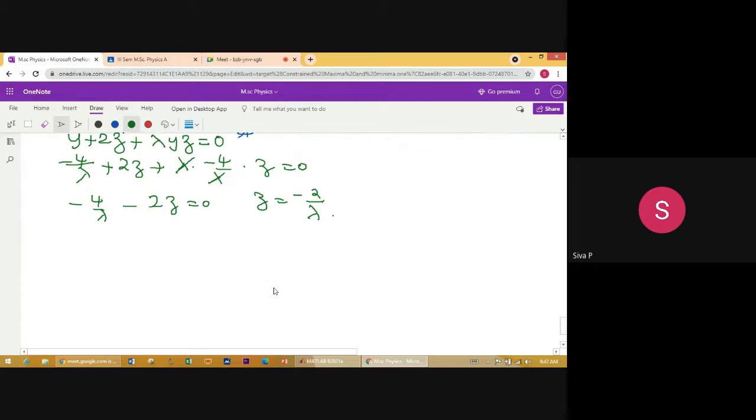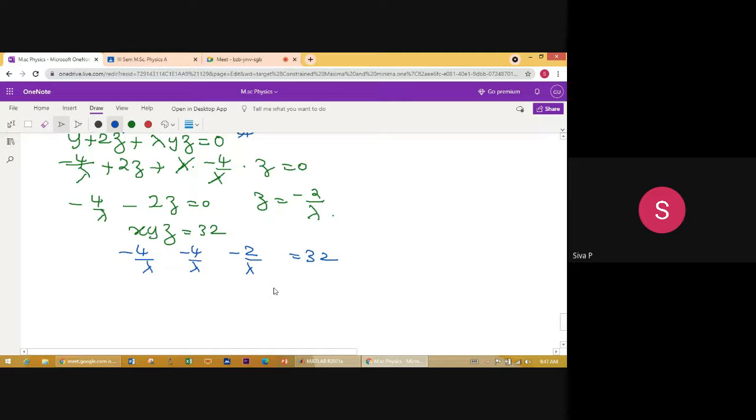So xyz equal to 32: minus 4 by lambda, minus 4 by lambda, minus 2 by lambda equals 32.